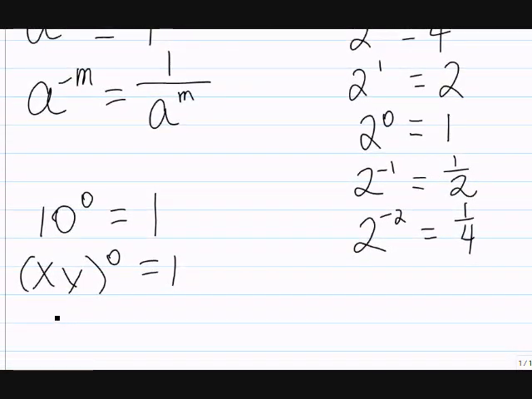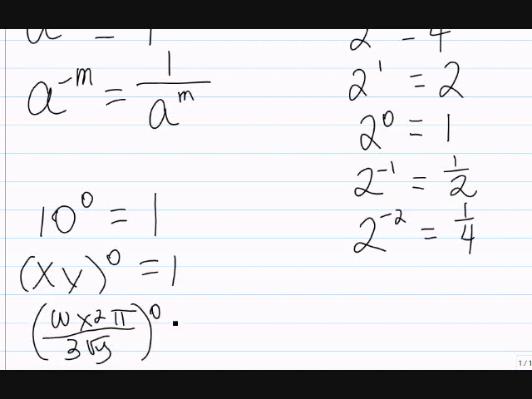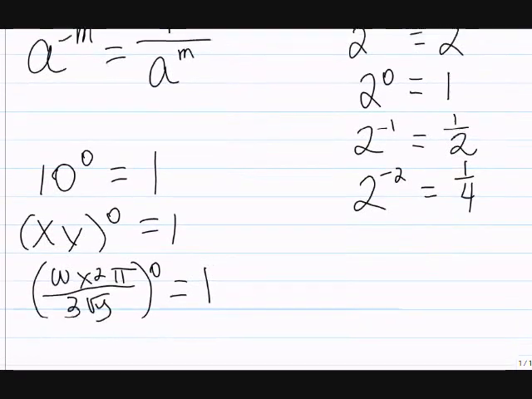What do you think w times x squared times pi divided by 3 times the square root of y, all of that to the 0th power would be? 1. Okay, 0 power is kind of easy.